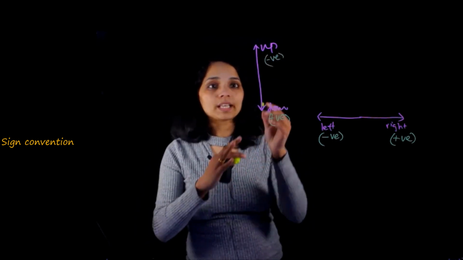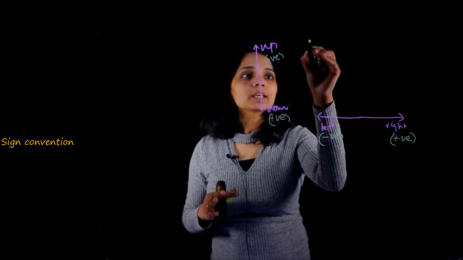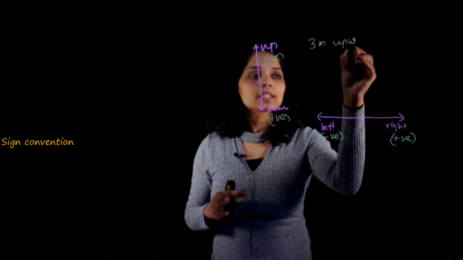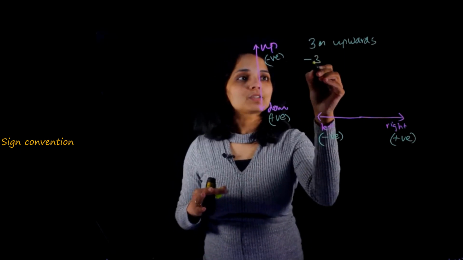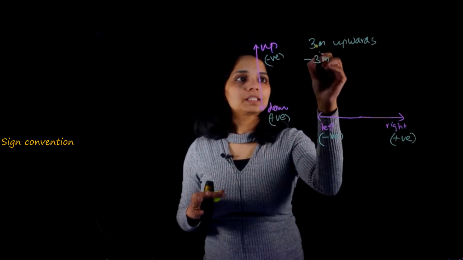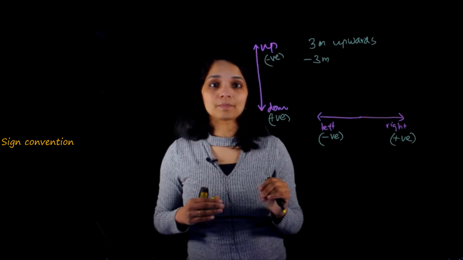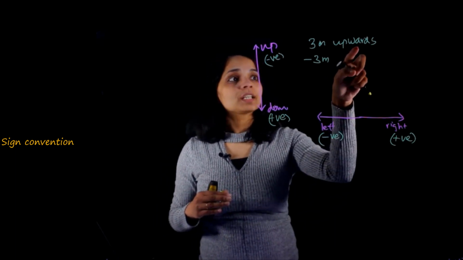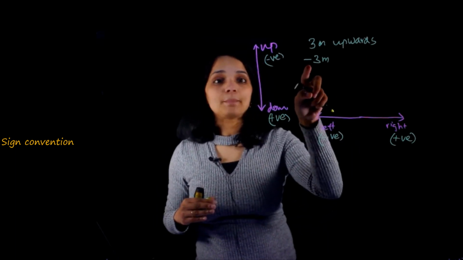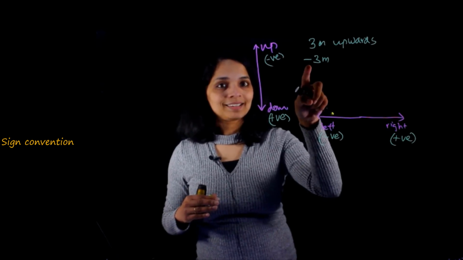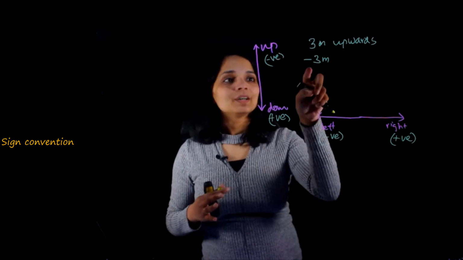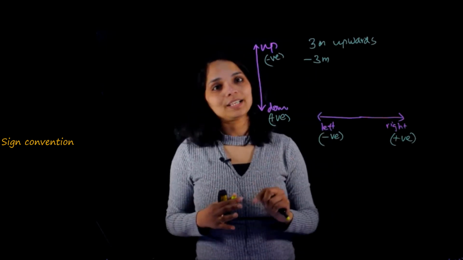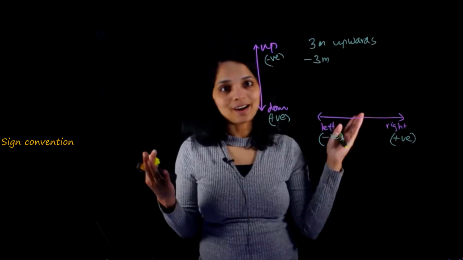So if I'm talking about 3 meter upwards, I can say minus 3 meter. 3 meter upwards is minus 3 meter. So the physical direction is changed to a mathematical sign. The beauty is you can then enter this into the calculator, whereas a direction like upwards you can't.